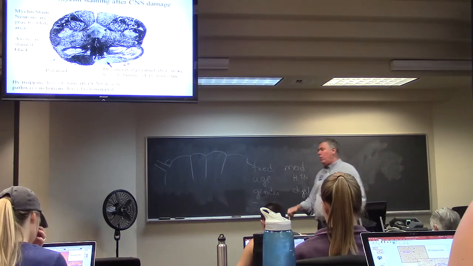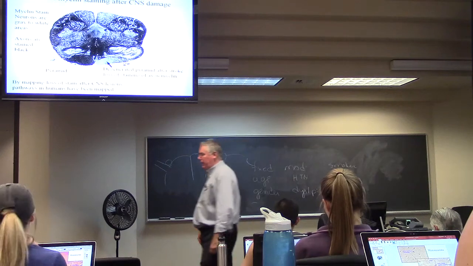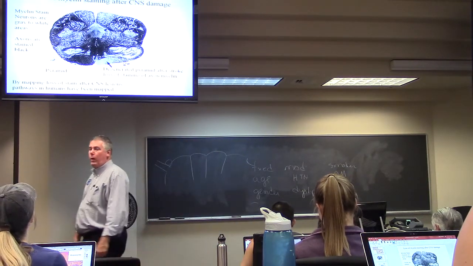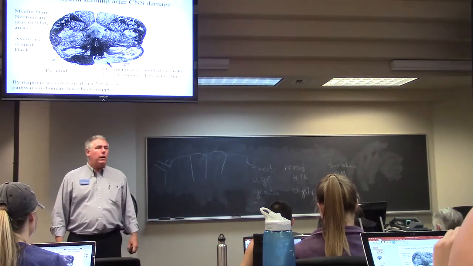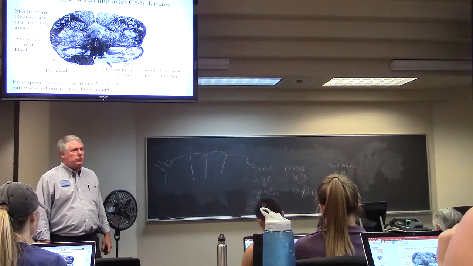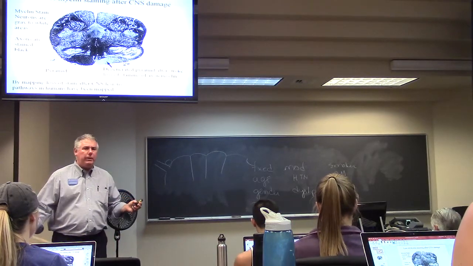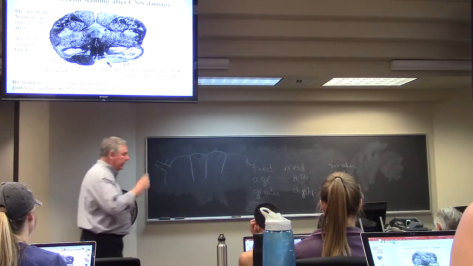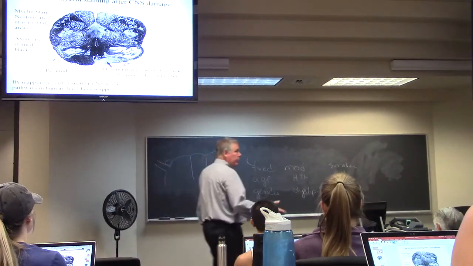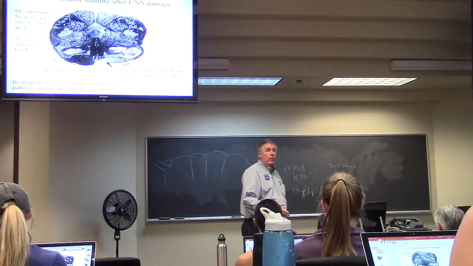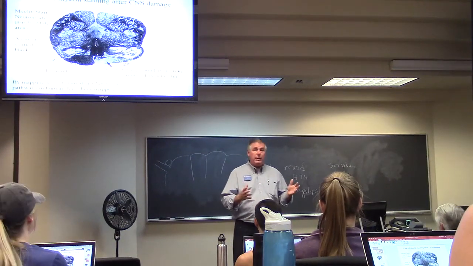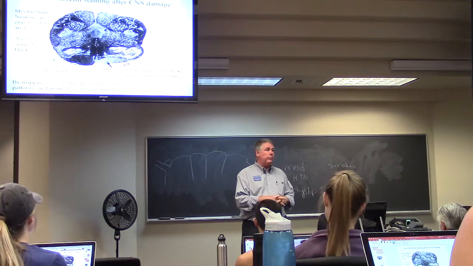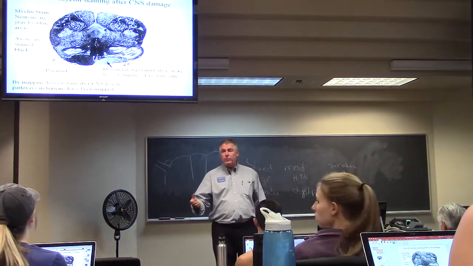Well, how do they know, in terms of where things go and what they innervate? And how do they determine what the architecture of the nervous system is? They actually knew this long before modern-day electrophysiology experiments and the electron microscope and stuff like that.